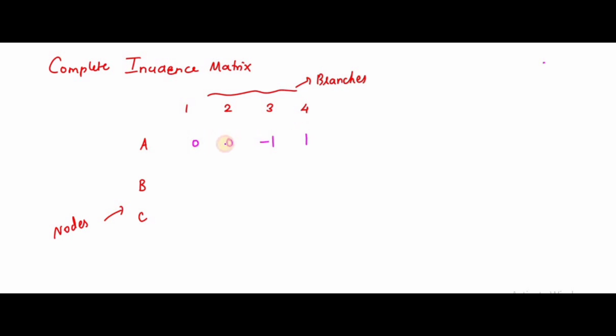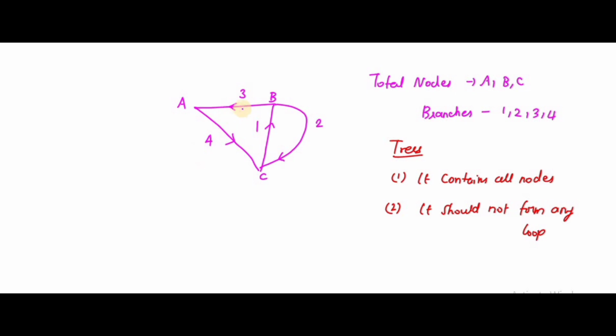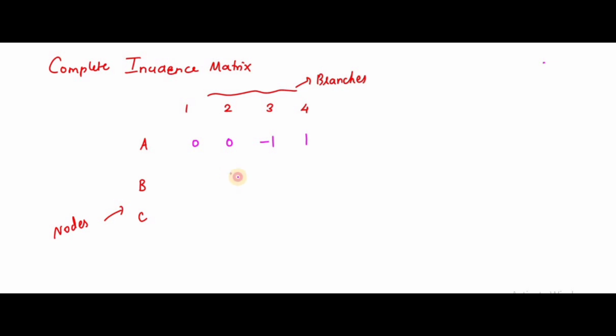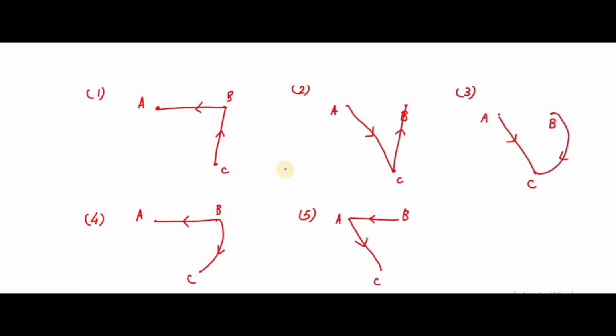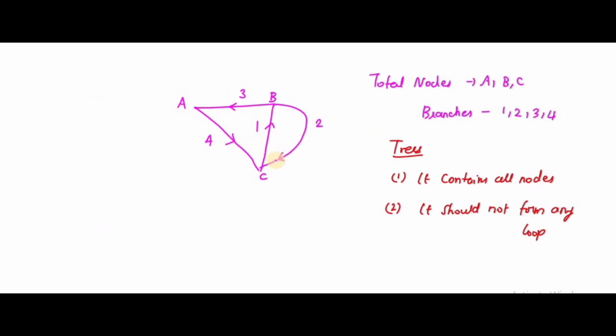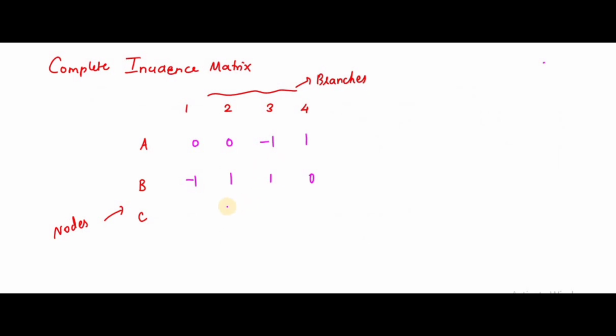In a similar way for B, branches 3, 1, 2: 2 and 3 are outgoing and 1 is incoming. For C, branches 4, 1, 2: 2 and 4 are incoming and 1 is outgoing. If you check column-wise, the values sum to 0. Like this you can verify the values.